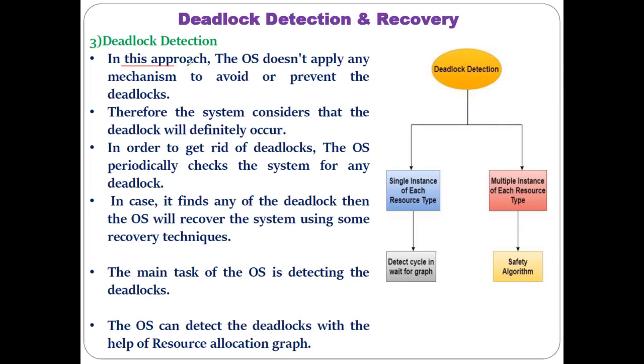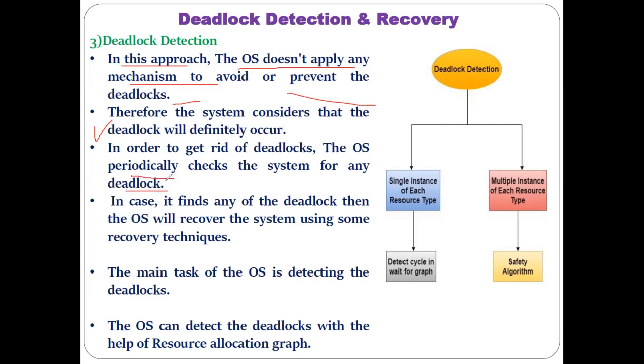In this approach the operating system does not apply any mechanism to avoid or prevent the deadlock. This approach considers that the deadlock will occur, or has already occurred. So in order to get rid of the deadlock, the operating system periodically checks the system for deadlock.